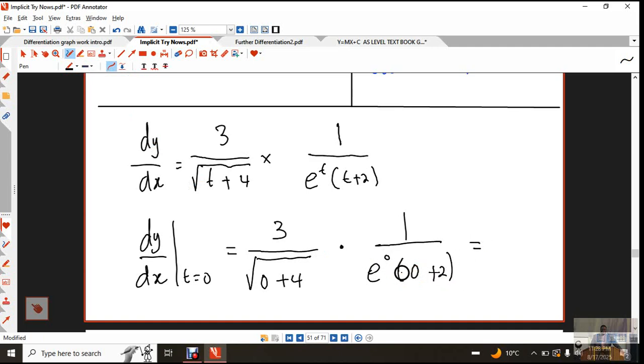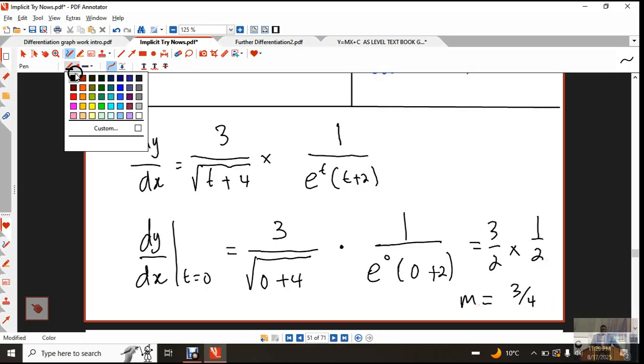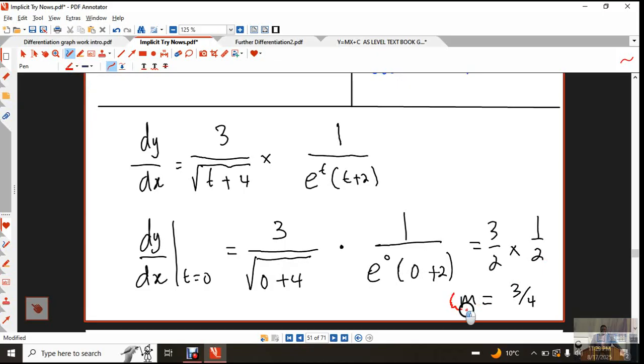Of course, if you were to simplify all of this, you're going to have 3 over 2 times 1 over 2, which simplifies to 3/4, which is the gradient. Okay, so the gradient is equal to 3 over 4.